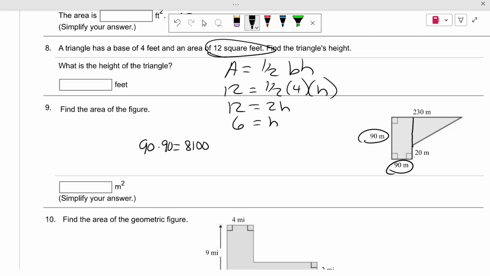If this part is 20, then this part is 70, because the whole up and down is 90. If the whole across is 230 and this is 90, then this part is 140. So you take 1/2 of 70 times 140, which is 4,900. You add them together and then you get 13,000.